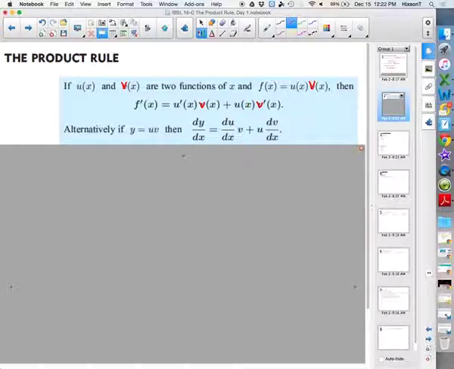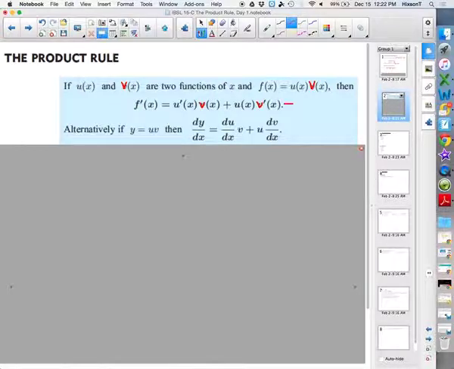What this says is that the derivative of the function that's made of a product of two others is u prime of x times v of x plus u of x times v prime of x. A lot of times, to help us memorize it a little easier, we leave out the of x parts.